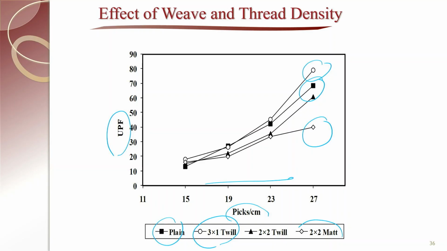So, plain weave generally gives higher UPF, but if we can have a compact structure even with the satin, if we can lay the yarns properly, we can achieve very high UPF. But after repeated laundering, the threads may get distorted, which ultimately affects the UPF value.